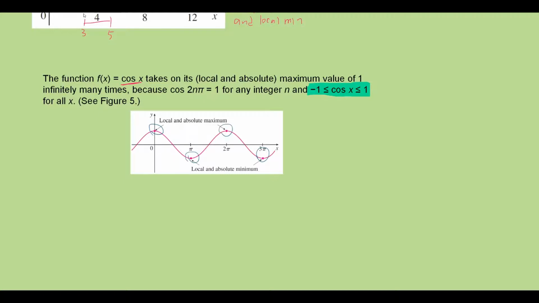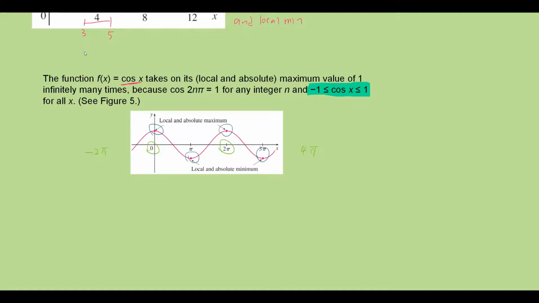In that case, whenever the function outputs 1, that's where the local and absolute maximum is going to happen, because that's the maximum value cosine can give. And also, whenever we hit -1, that's going to be a local minimum, as well as the absolute minimum. So if we pay attention to where the values happen, let's say local maximum first, it happens at 0, 2 pi, and it's going to happen again at 4 pi, or -2 pi.